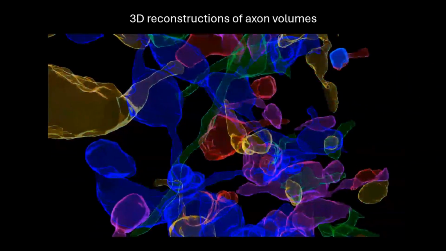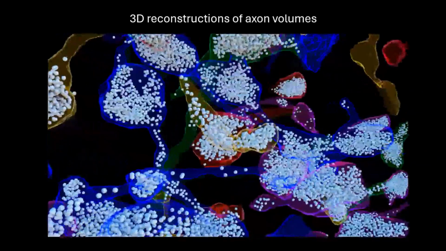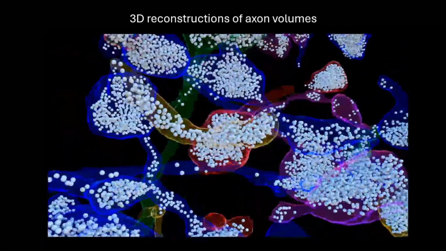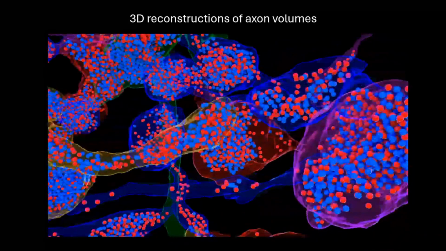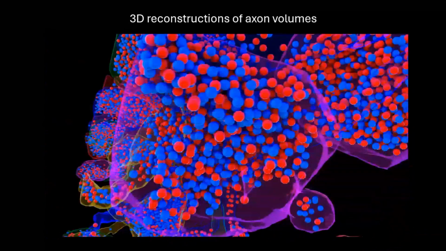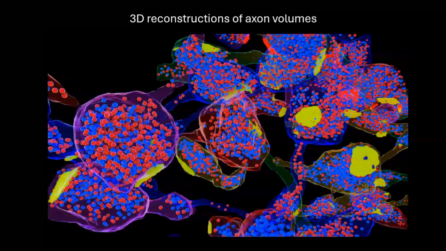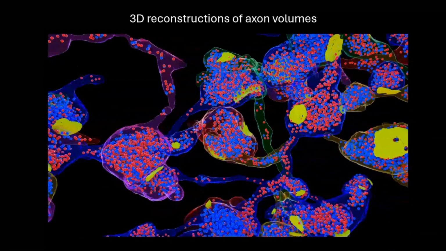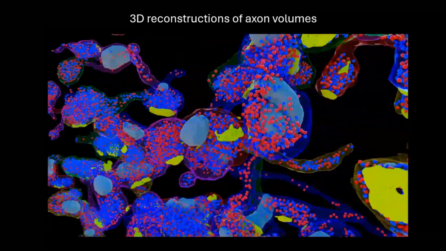And this is the output of that. The cells are different colors, the axons are different colors. The vesicles first detected, then sorted into PC plus and PC minus, red and green respectively. The active zones are yellow and the mitochondria are gray.